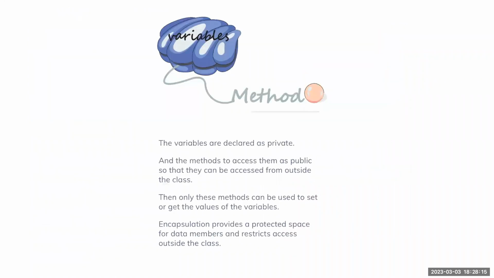The variables are declared as private, and the methods to access them as public, so that they can be accessed from outside of the class. Then only these methods can be used to set or get the values of variables.